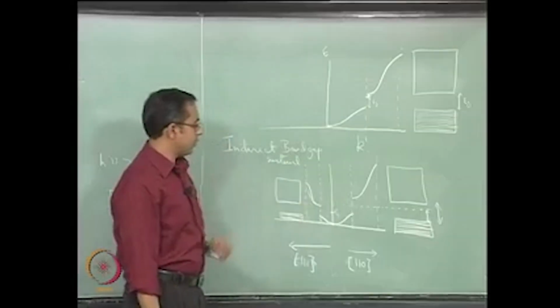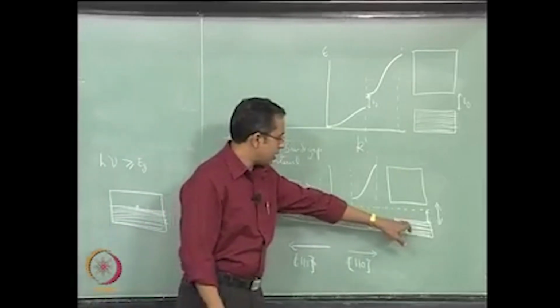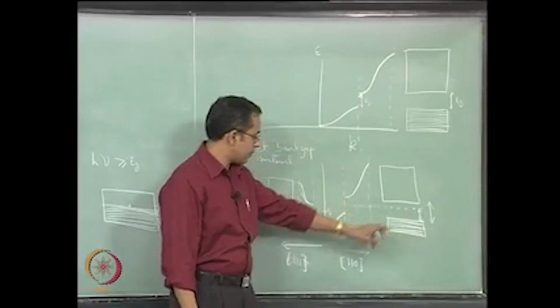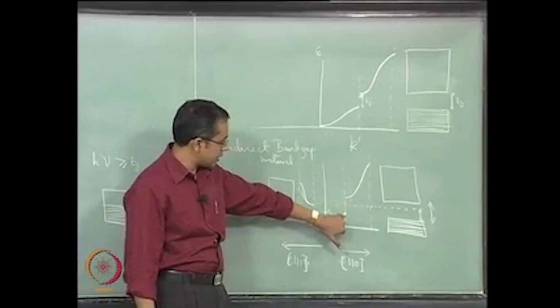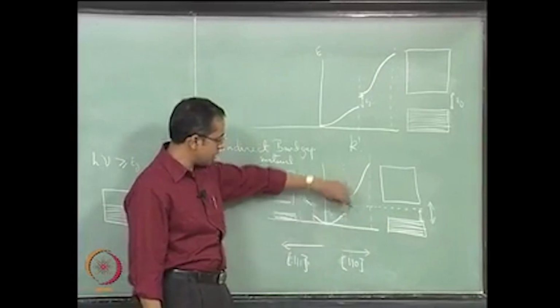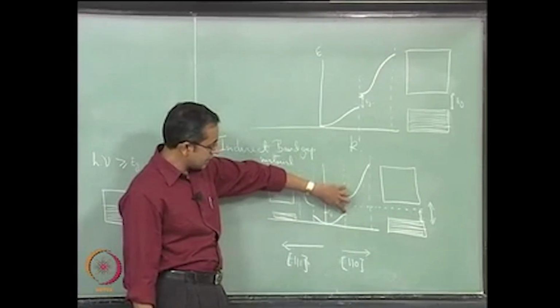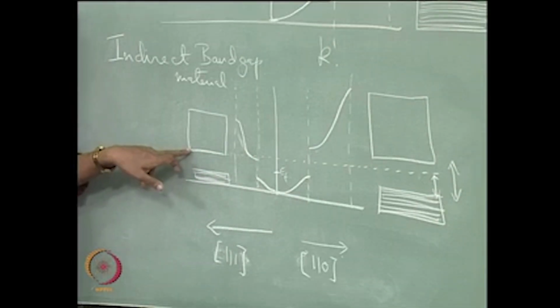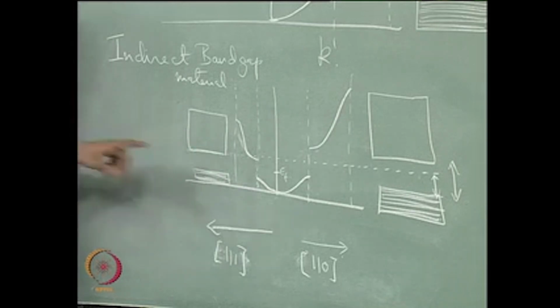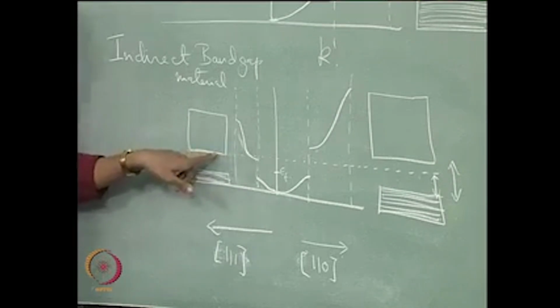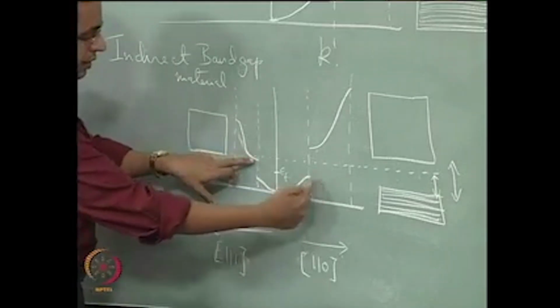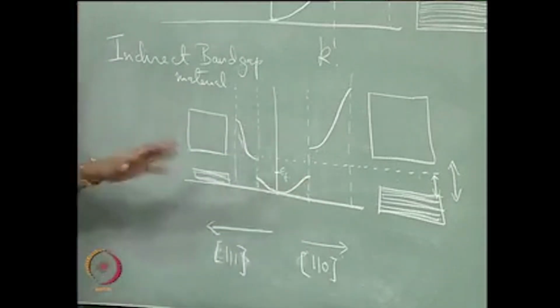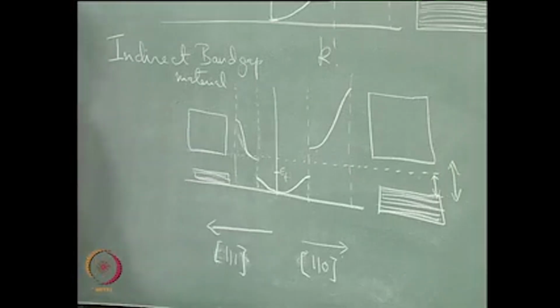So this is an example of an indirect band gap semiconductor, where the highest occupied energy level is in one location in K space, and the next lowest unoccupied level is at a different location in K space, okay. So these are two different locations, this is in this direction, that is in the other direction, it is completely different direction. So this is how we have this.